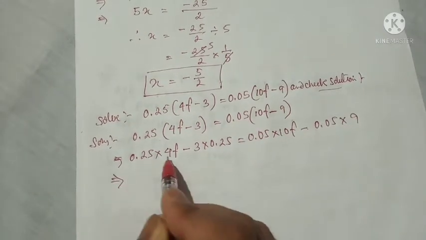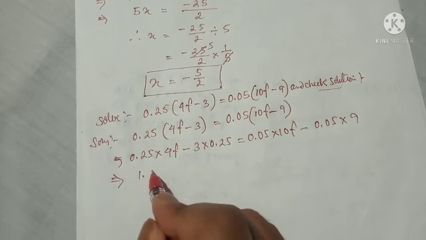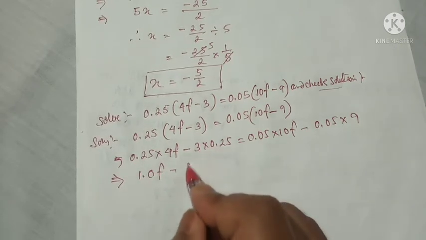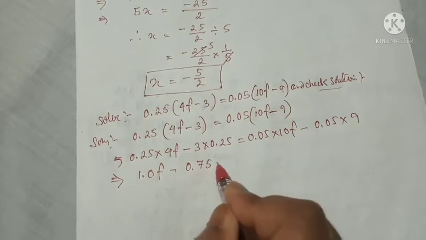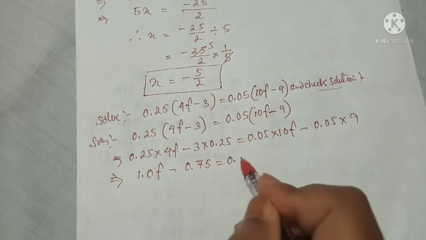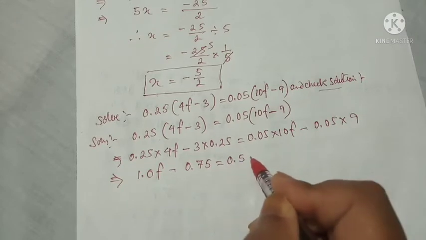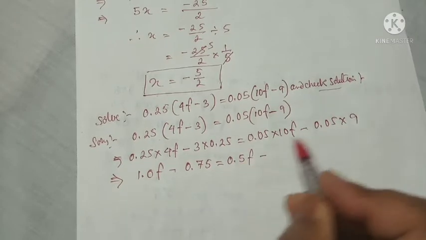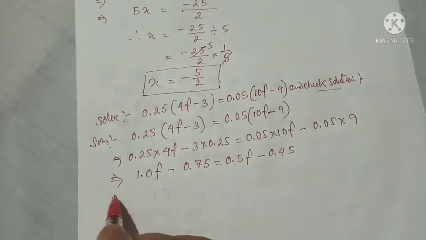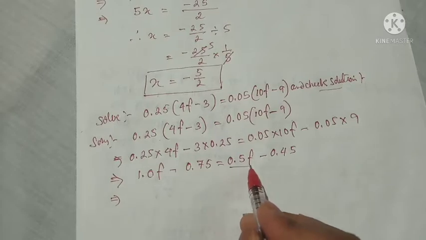Now what is the answer? Here comes 1.0f minus 0.75 equal to, on the right hand side, 0.5f minus 0.45. Then here is a variable, here is a variable.